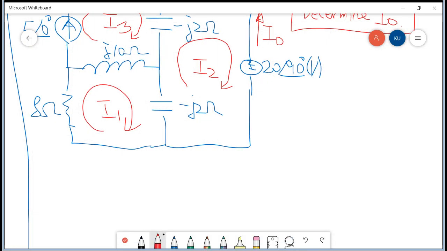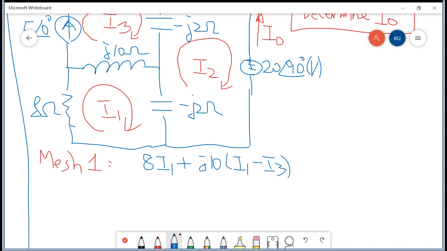So first of all, for mesh 1, which means I1 loop, we have 8 I1 plus J10 times I1 minus I3, because I3 is going this way.